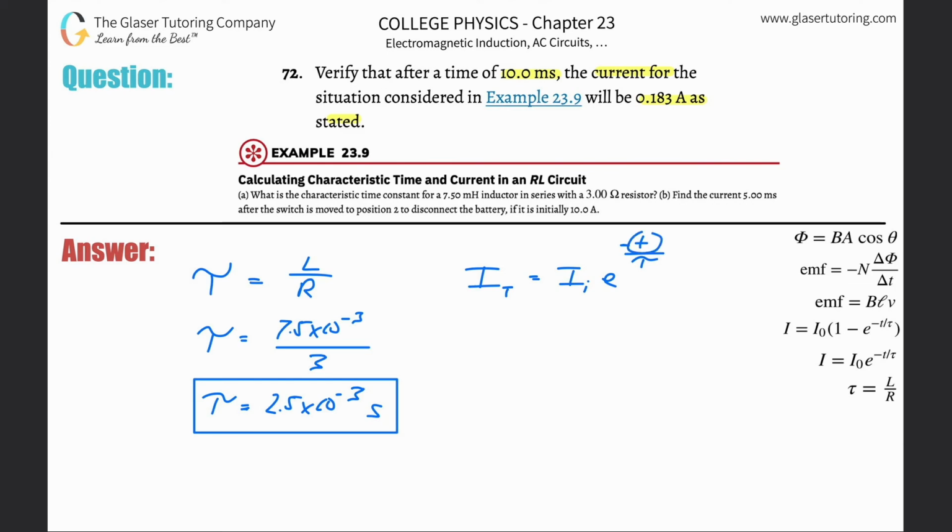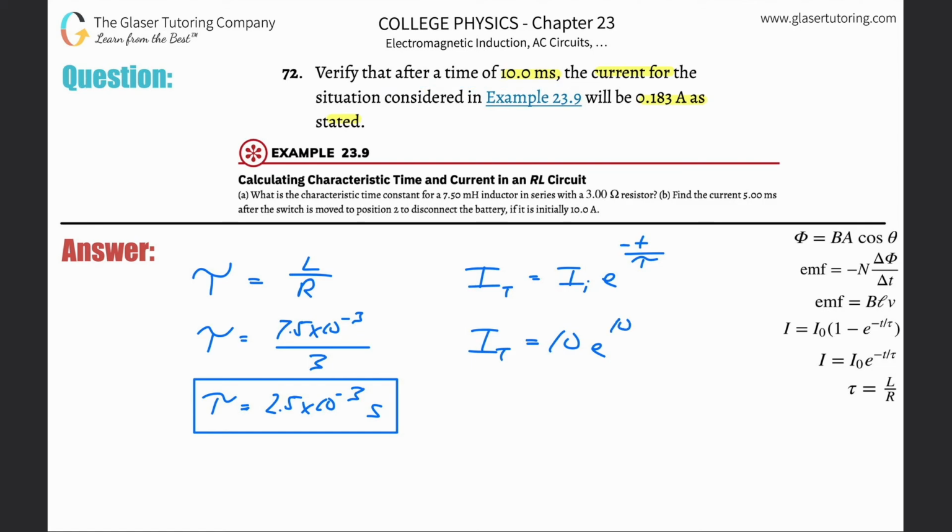So this is the time that the circuit's on, this is the time constant, and this is the initial current. The initial current here, it told us in the problem, is 10 amps. So plug that in. Then the time, well, how long? It says verify that after a time of 10 milliseconds.